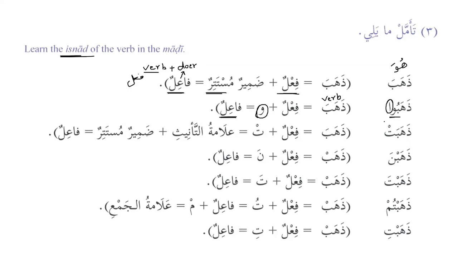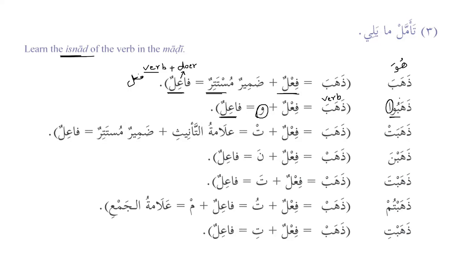So what does that mean? When we have alif after that, that means this is the alif for the past tense, third person masculine plural. So past tense, third person masculine plural, and alif is added to that.